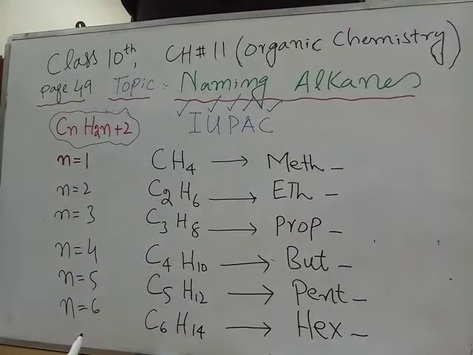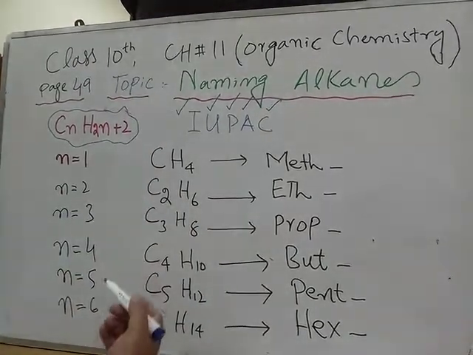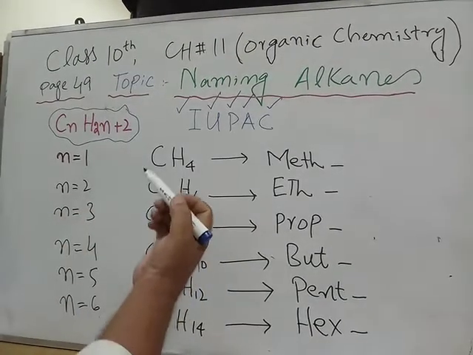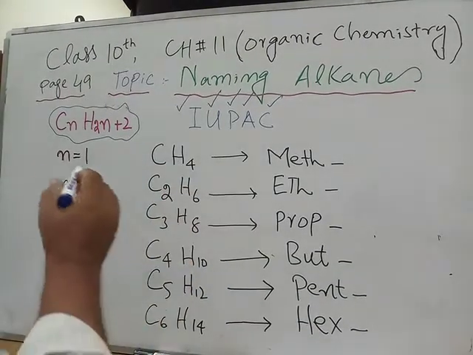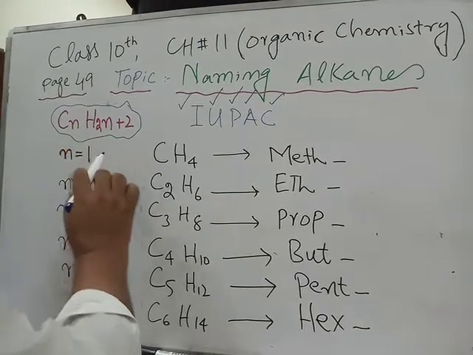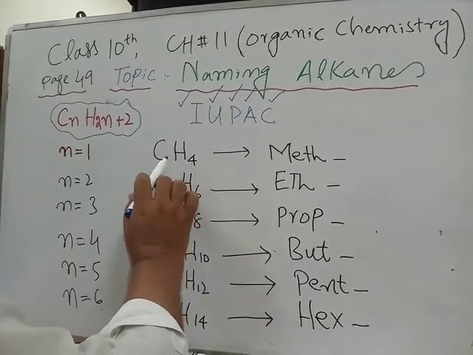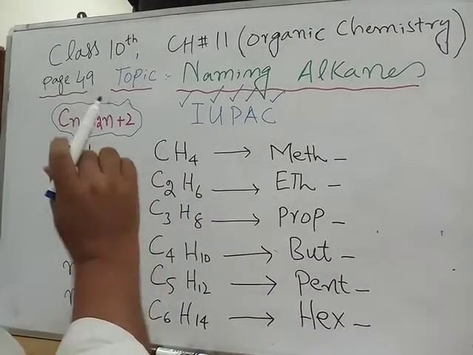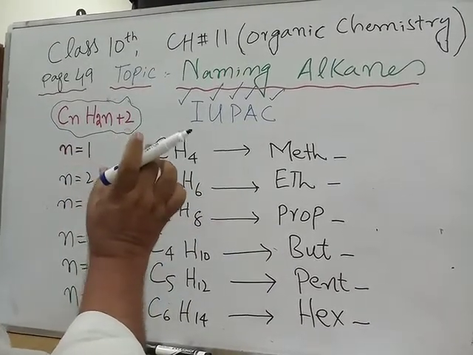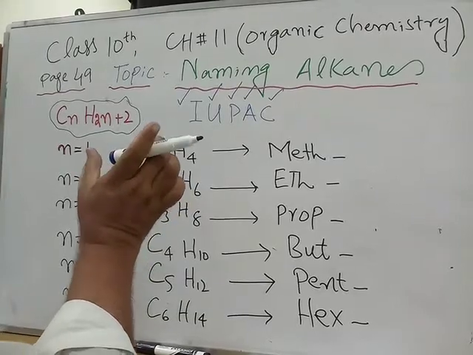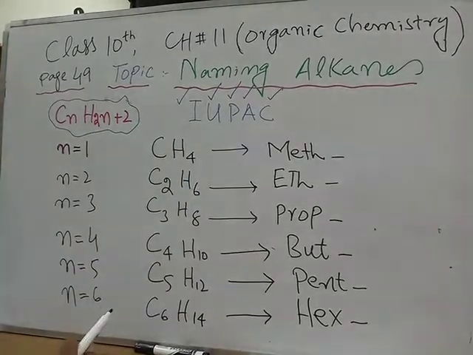As we are discussing the alkanes, we will confine our focus to just alkanes. So when I put n equal to 1, I got CH4. This is called methane.